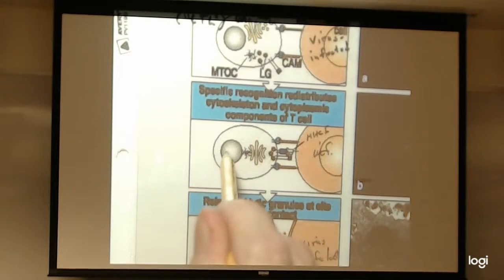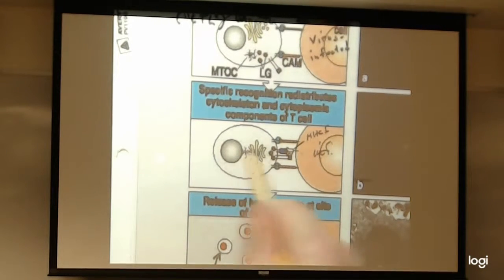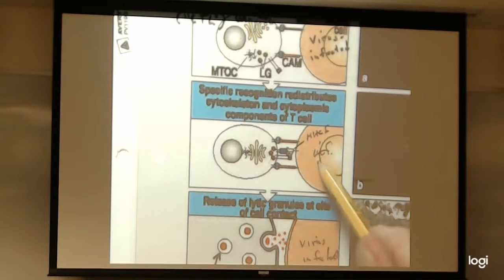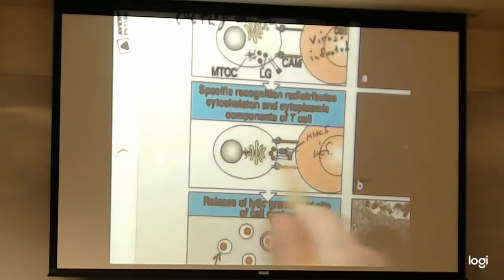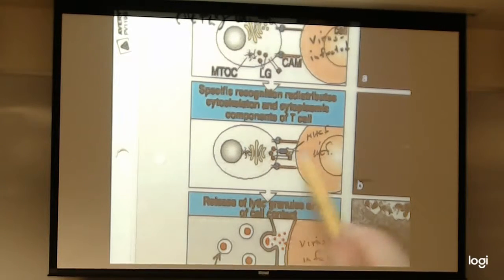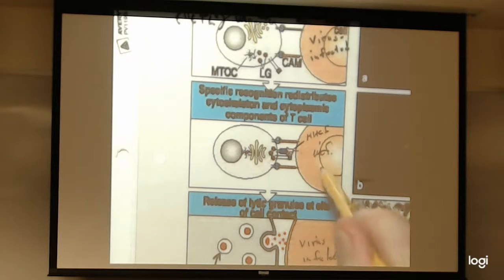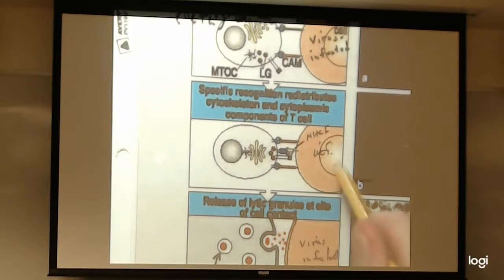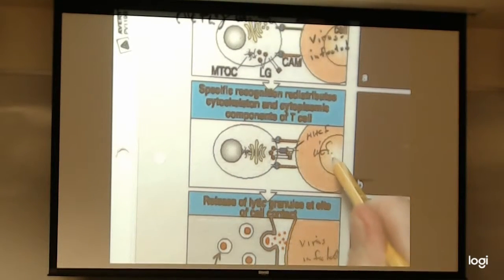The nucleus, Golgi apparatus, they're all in a line here, organized. And there'll be a question on the last exam asking you to remember that the intracellular organelles are all lined up as it administers what they actually call the kiss of death that this killer T cell is going to administer to its victim infected cell.